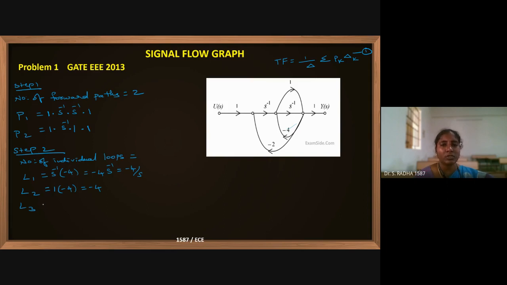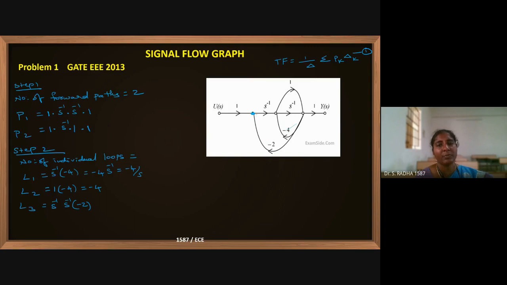So the third closed path, what will I do? S power minus 1, again S power minus 1, then minus 2. I am getting a closed path, starting from this node. I travel S power minus 1, again S power minus 1, coming back to the same node.